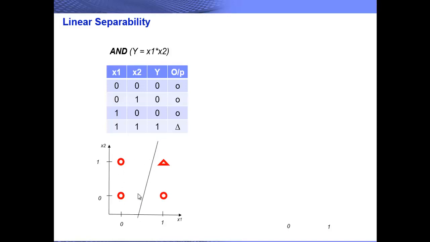In this case, if we plot this line, though it is random, it is not separating the classes, because one side has a triangle as well as a circle, and the other side has two circles, so they are not completely separated.